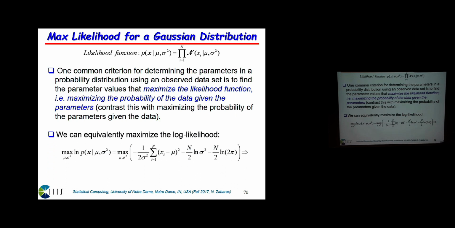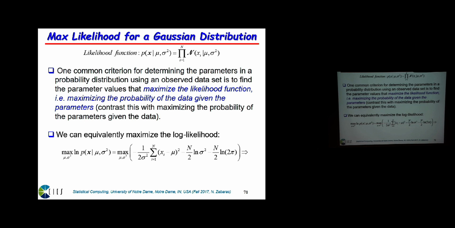Working with the likelihood in general is messy because the Gaussian has mu and sigma squared in the exponential, so you don't want to have to deal with the exponential. So the way to do this is to work with the log likelihood. The maximum likelihood estimation is basically maximizing the log likelihood of the data. When you take logs, the product becomes a summation, and the optimization problem looks like that.